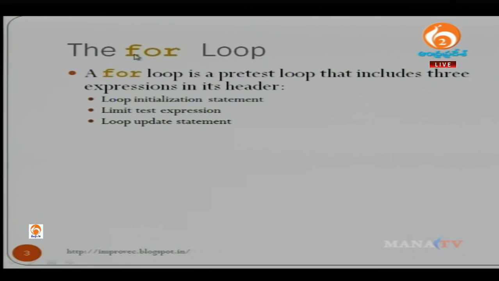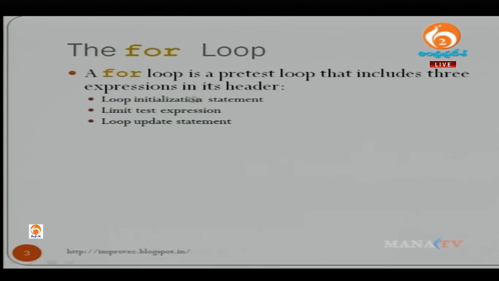We are talking about the for loop now. A for loop is a pre-tested loop, pre-test meaning the condition is tested before executing the statements. A for loop includes three expressions in its header.